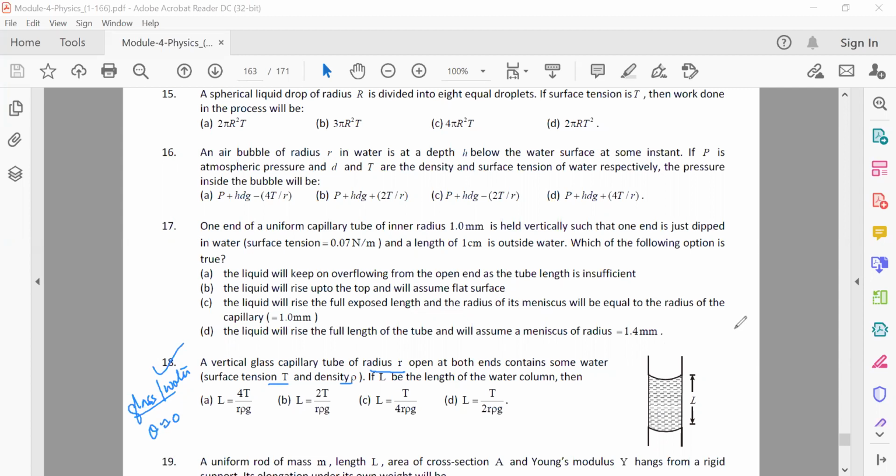So actually this will be like a nearly hemispherical surface like this. It will also be nearly hemispherical. Understanding? So your contact angle here is actually extremely small. It's tending to 0. So the radius of curvature of this is tending to r, which is the radius of the tube only.